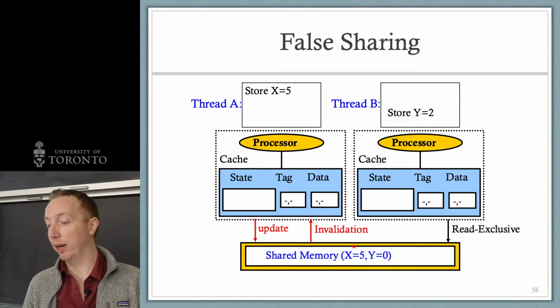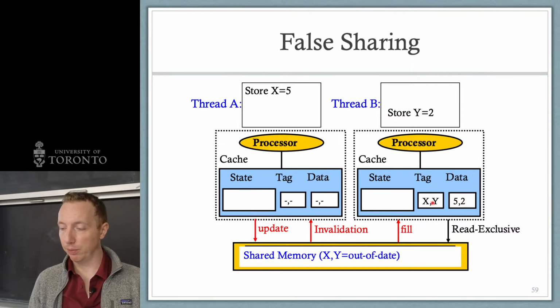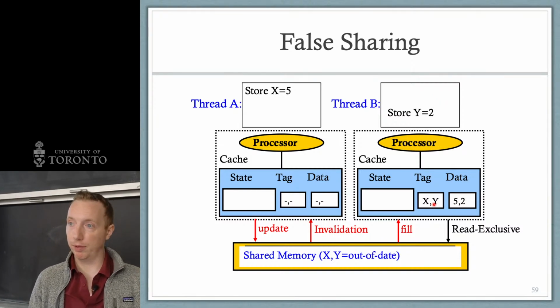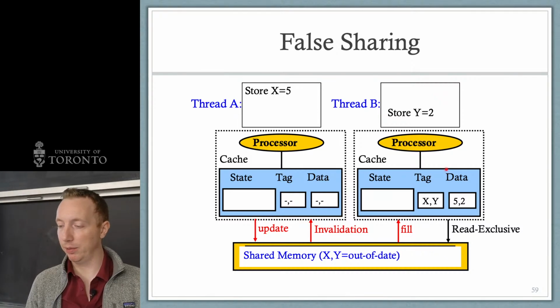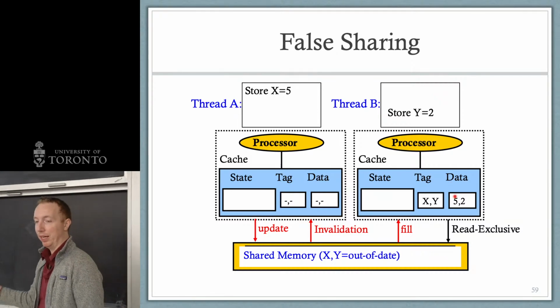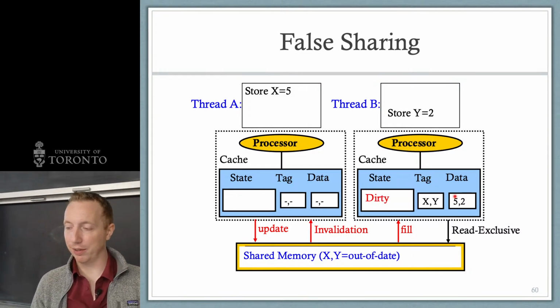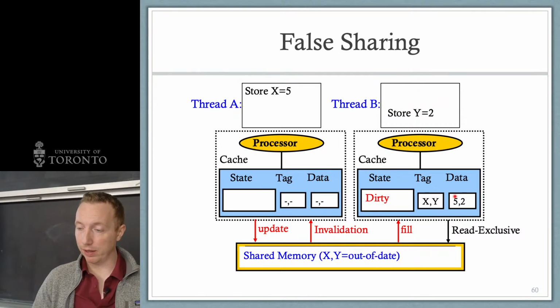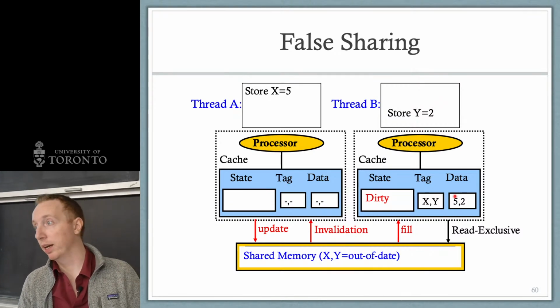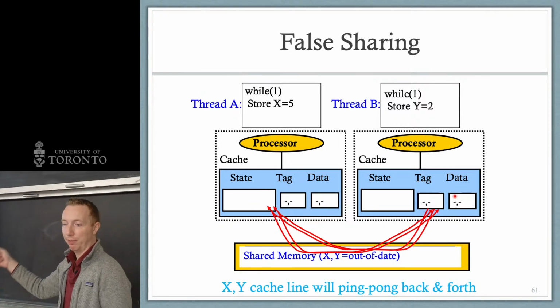Now thread B can load from main memory, get that value 5, 0, and then update Y to 2. And now main memory is out of date again. So it would invalidate thread A, and then we would ping pong essentially back and forth, back and forth, back and forth between them.